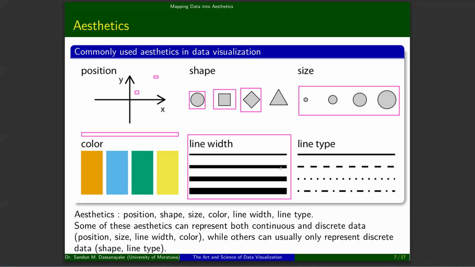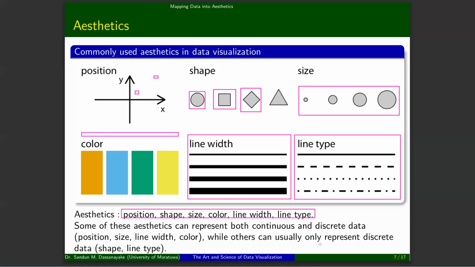And of course, line width itself can be taken as a measure of something, like to indicate an area-wise measure. And then line type, of course, is also a classification type aesthetic. So position, shape, size, color, line width, and line type, these are aesthetics.